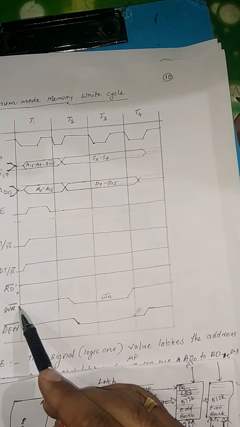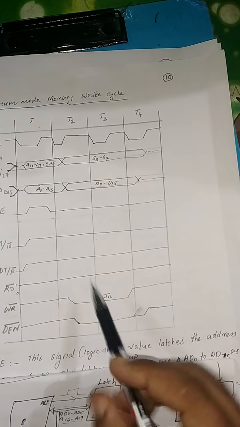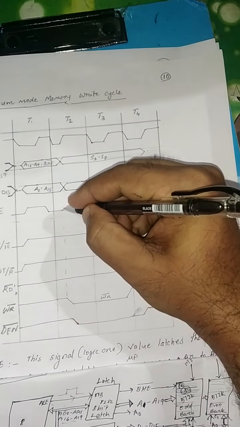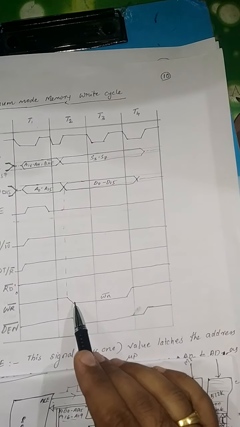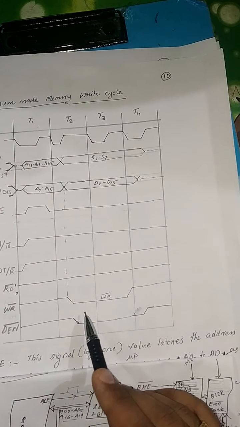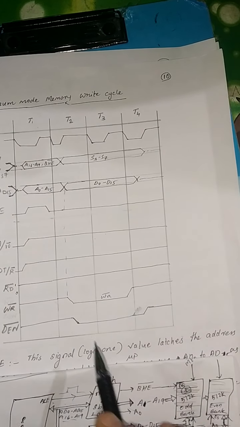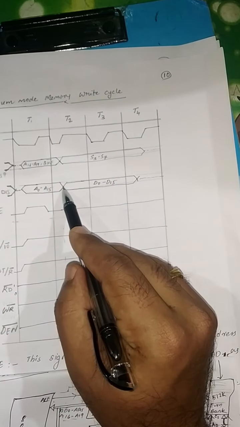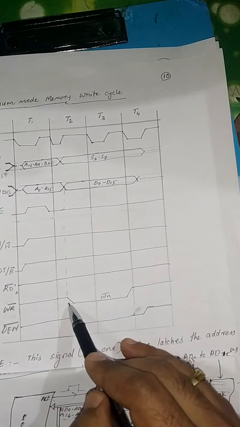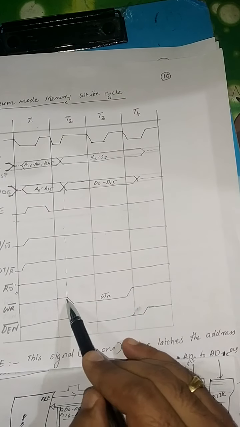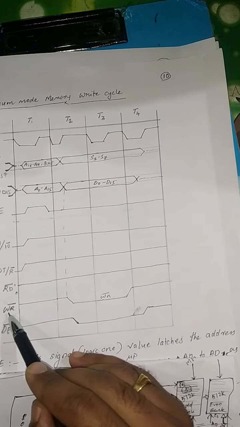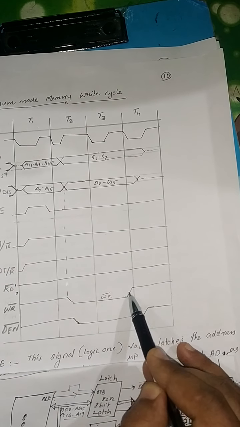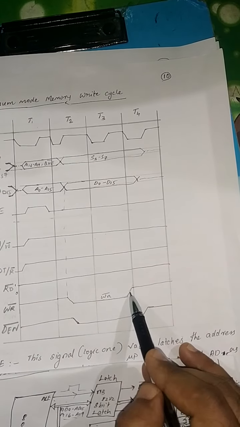And as it is a write operation, after the address is sent, before sending the address there is no need to write anything, right? Because we need to locate where we want to write. So after locating the location, we enable the write operation, because it is an active low signal, so we represent logic low during the write operation.